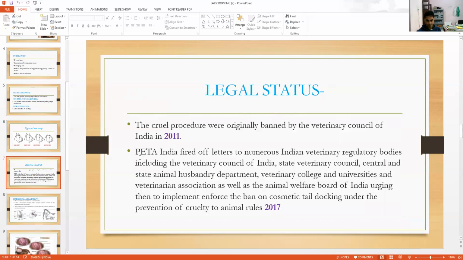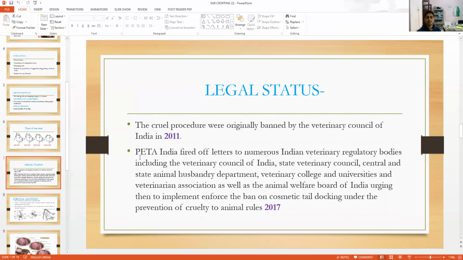Legal status, because this is very important. This cruel procedure was originally banned by the Veterinary Council of India in 2011. PETA India fired off letters to numerous Indian veterinary regulatory bodies, including the Veterinary Council of India.